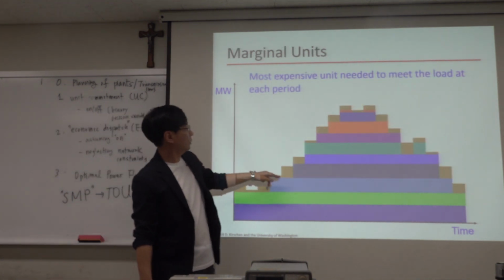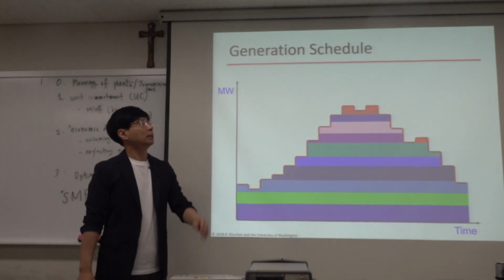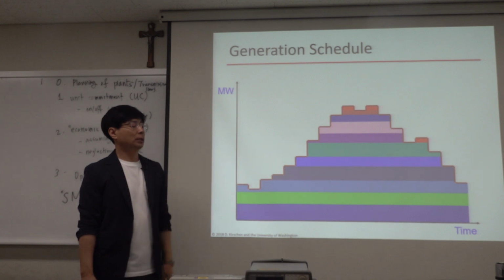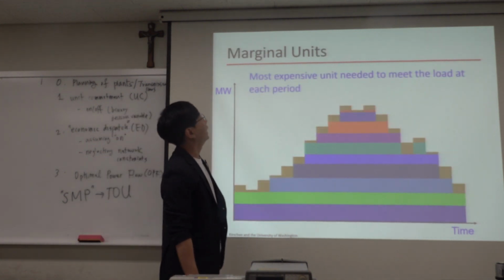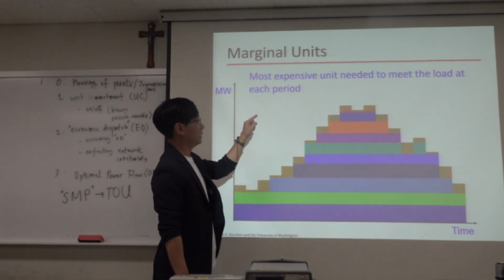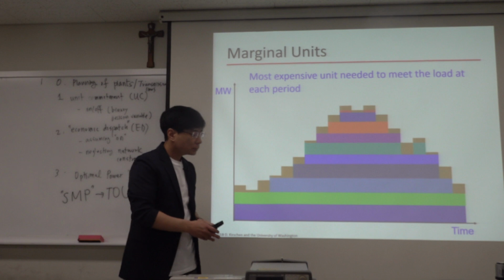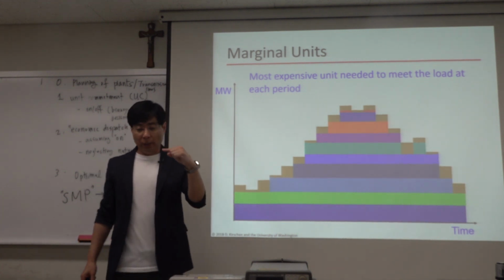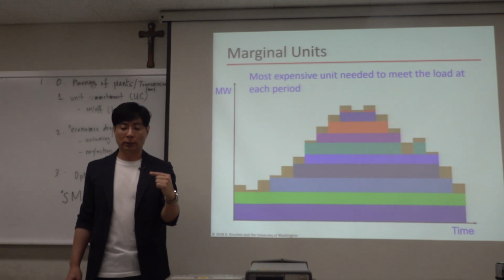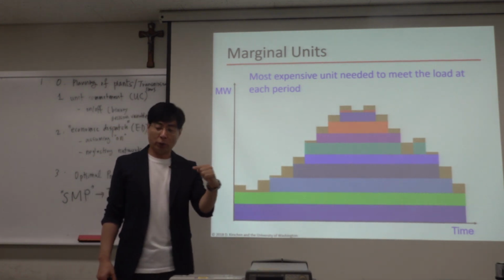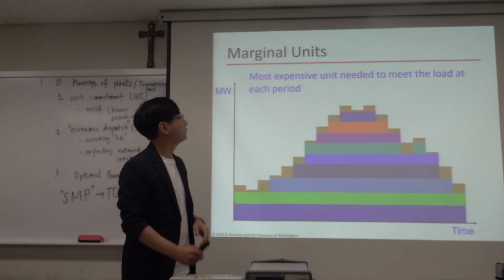Anyway, as I told you, each time slot has different loads, so different units need to run, and the most expensive unit needs to meet the load at each period. So SMP is determined from the most expensive unit, and all other cheaper generators are better off.